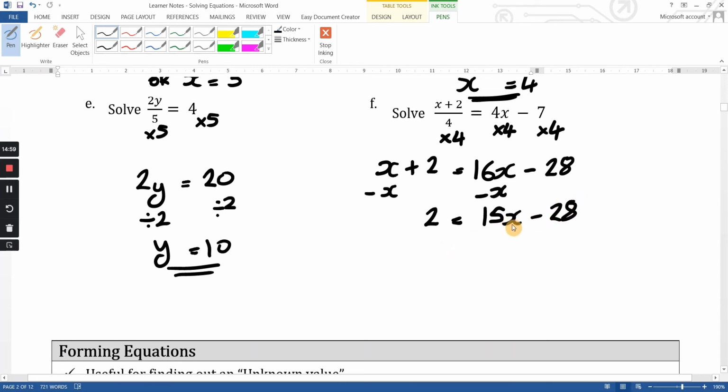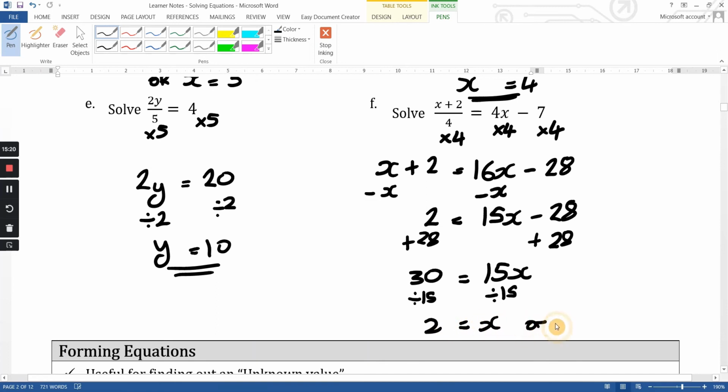Let's keep the 15x on this side. Let's get rid of the minus 28. I'll have to plus 28 to both sides. That gets me 30 equal to 15x. There's only one more step. 2 equals x, or x equals 2. It's the same thing.